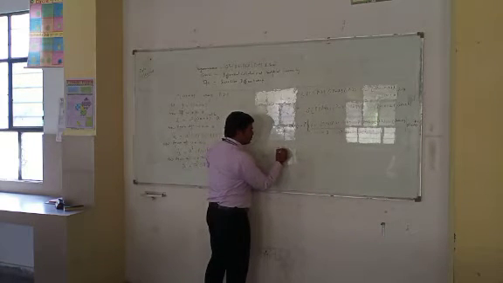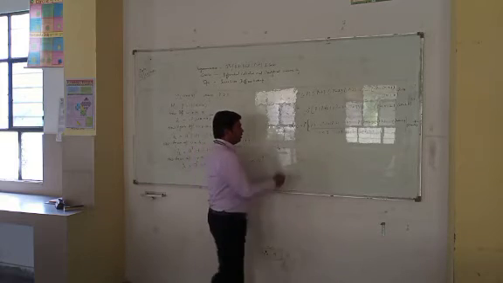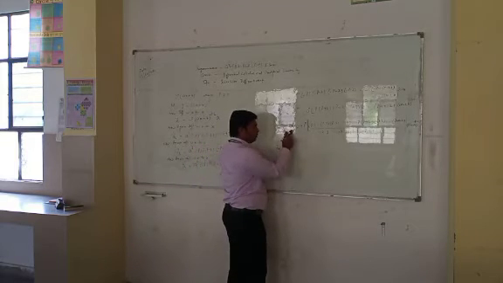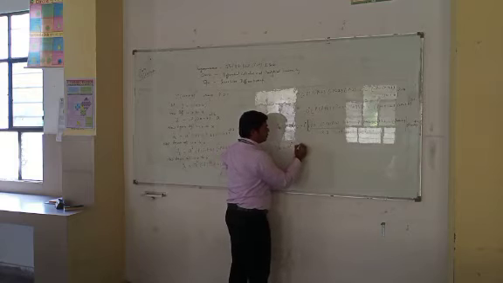So this is yn is equal to a to the power n, minus 1 to the power n.